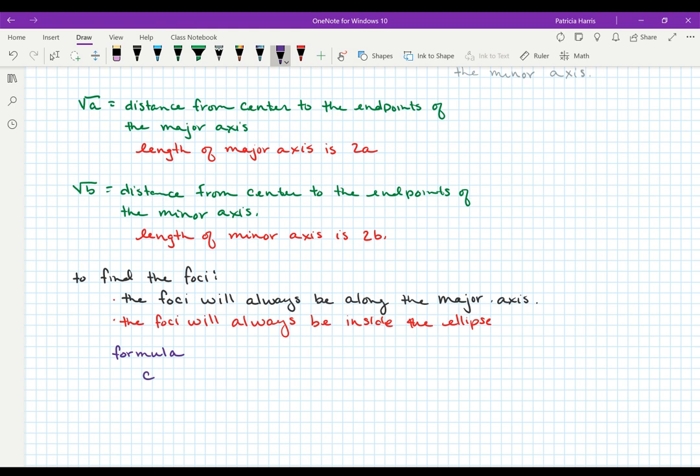Okay, you're going to use this number called C. You're going to take the square root of a squared minus b squared. So major minus minor. Remember, a is always associated with the major axis, the b is always associated with the minor. You should not get negatives.